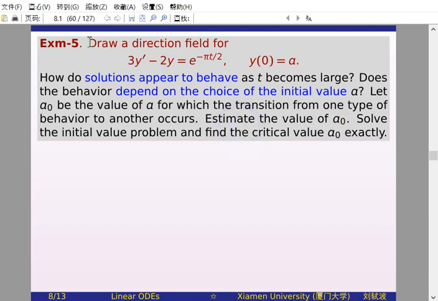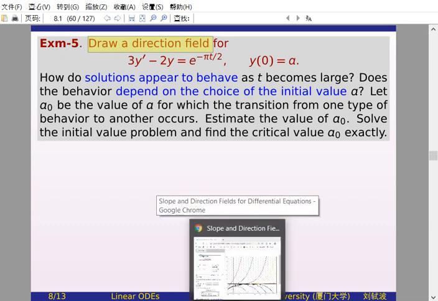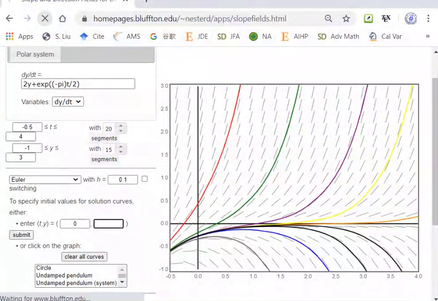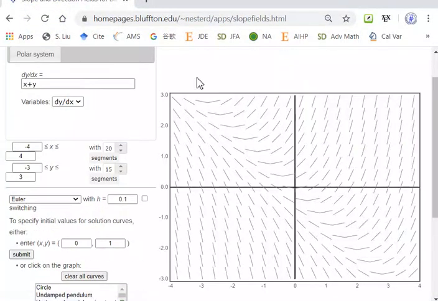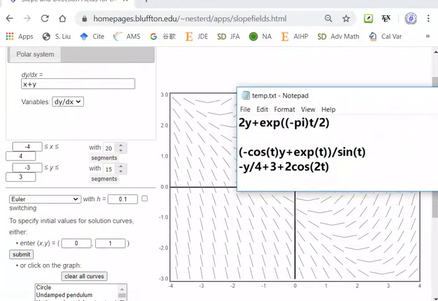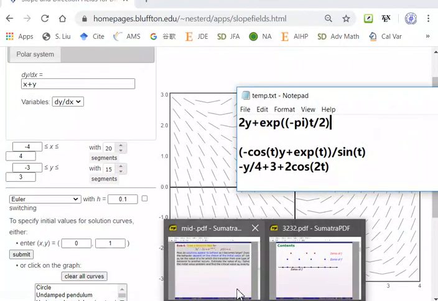Because this is a graphic problem, we need to draw the direction field. Therefore, we are going to apply our web page about the software.